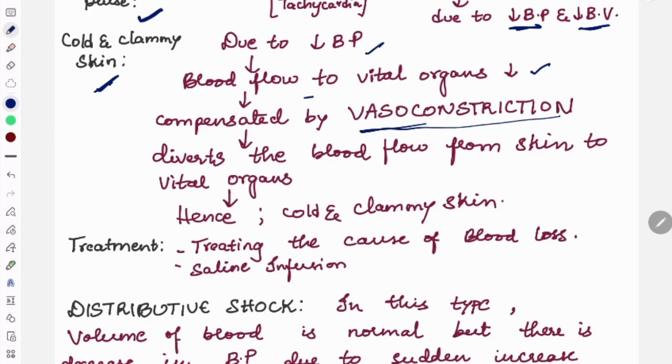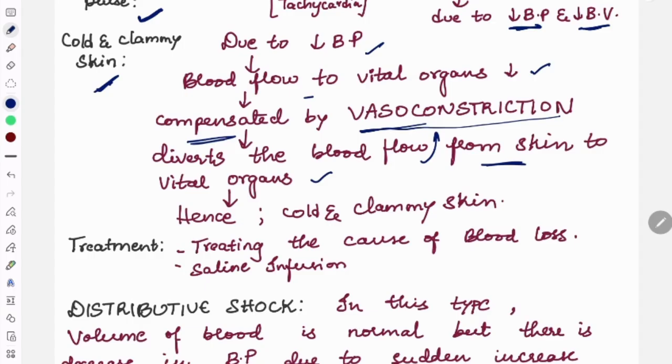This vasoconstriction diverts the blood flow from the skin to the vital organs. Whatever blood is present in the superficial layers of the skin is diverted from the skin to the vital organs by means of vasoconstriction. This is the role of vasoconstriction, a compensatory mechanism activated due to low BP.